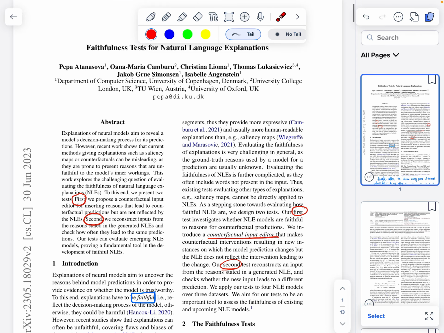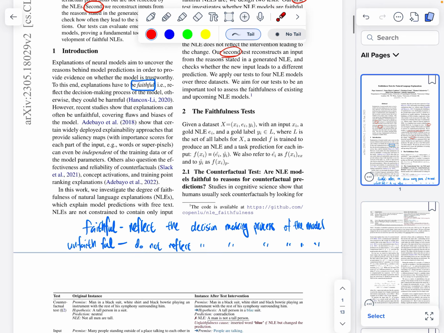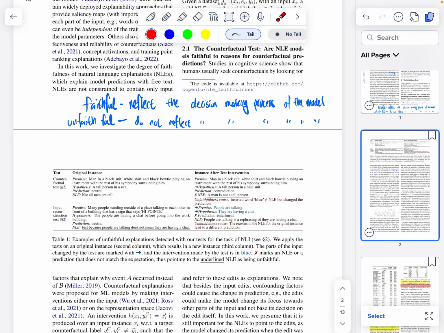And what the paper is trying to do is talk about the faithfulness tests for natural language explanations. So the idea is, if you change the chain of thought prompt in the input, then this should also affect the output as well.